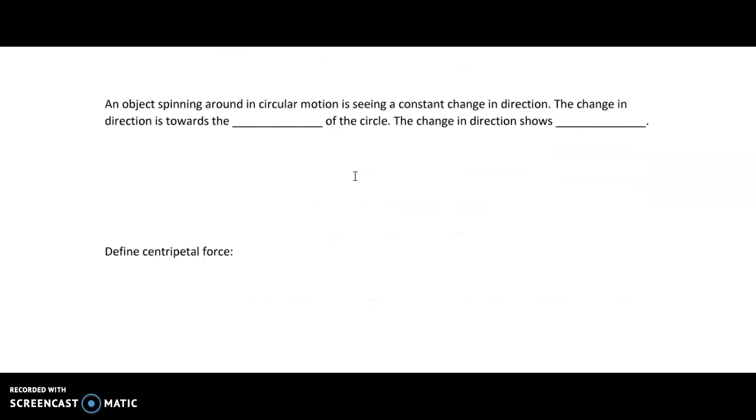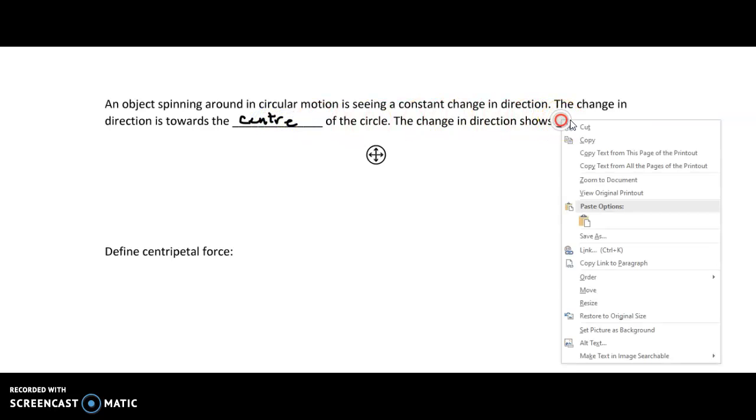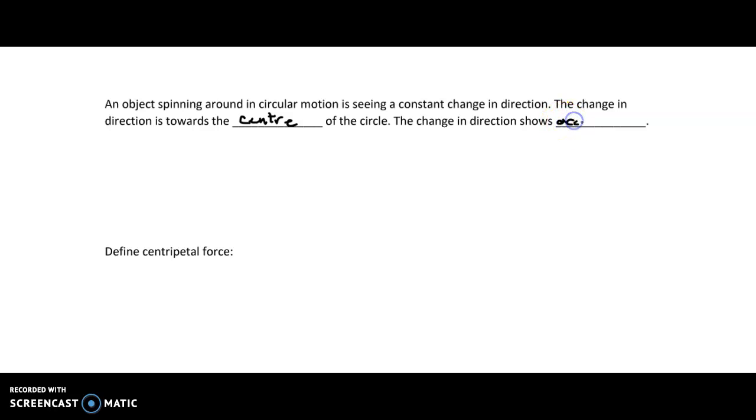So the object spinning in circular motion is going to see a constant change in direction towards the center of the circle, which means this is actually going to show acceleration or a force. Now, in this case, if we've got this object moving in a circle at this point here, it's being pulled towards the center of the circle, but it's actually moving this way.